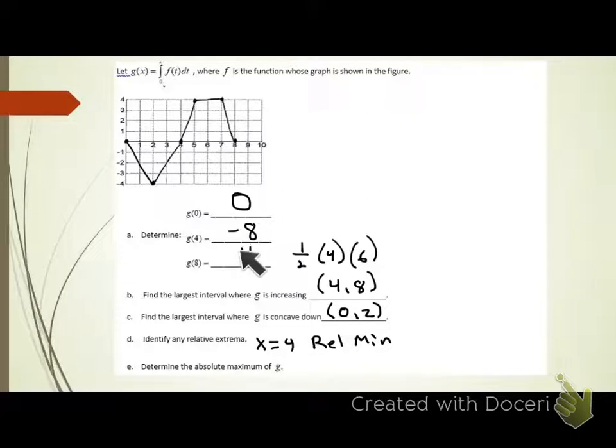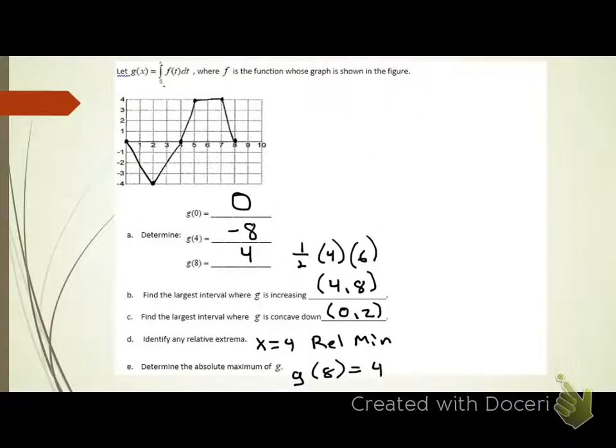Then it finishes with a value of 4. I know that because here are my endpoints. I found the critical number. See these values? Endpoint values. So the maximum is at 8, and what is the absolute maximum? 4. So at g of 8, the maximum value is 4.